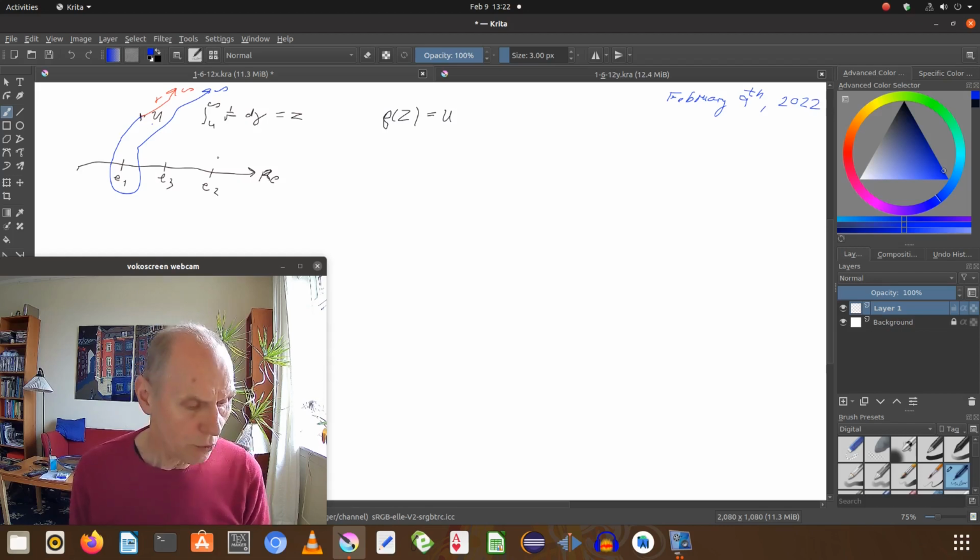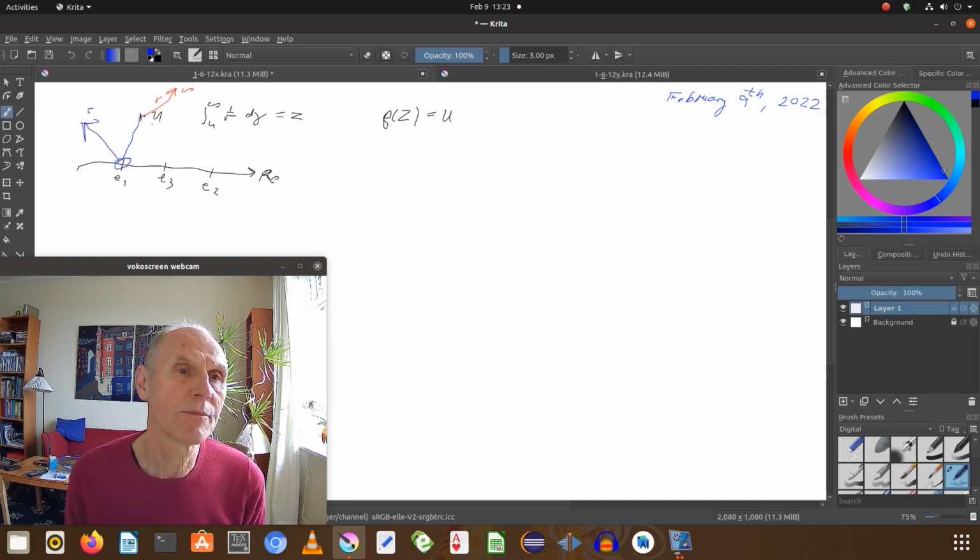And the way we do it is that we are going down towards e1, then making a small circle of radius r around it, and then going towards infinity.